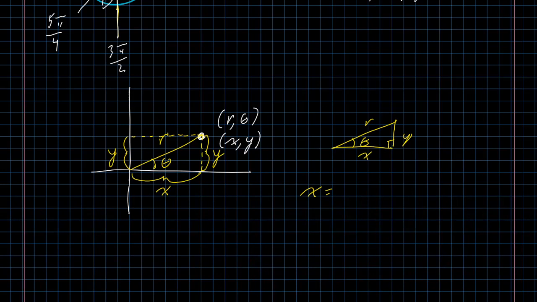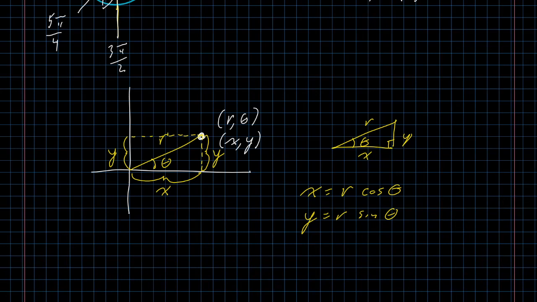And you probably have seen this before. I hope that you've seen this before. But given this right triangle, we can use triangle trigonometry to say that x is r times the cosine of theta. Right? Cosine is adjacent over hypotenuse, so x over r, and just multiply both sides by r. Likewise, sine is opposite over hypotenuse, y over r, and multiply both sides by r, so y is r sine theta.